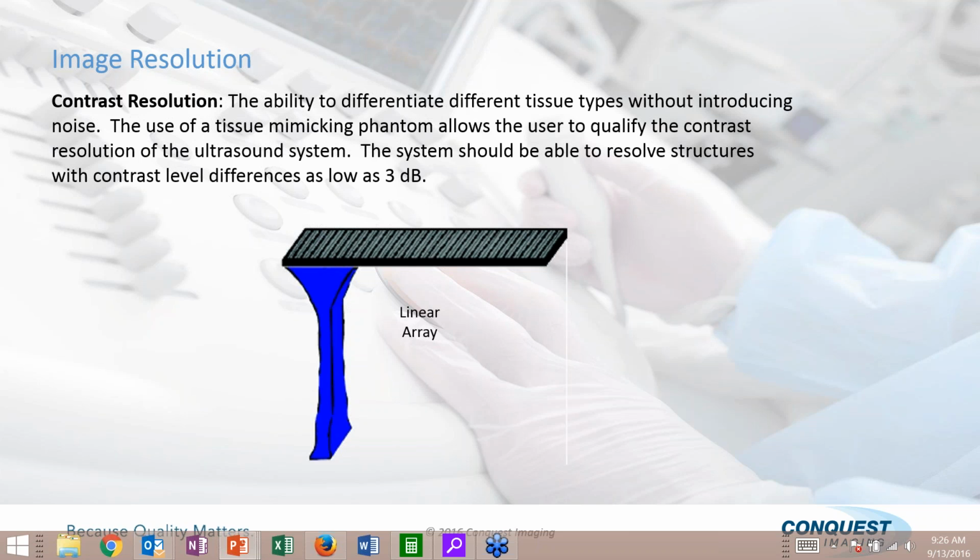And so when you scan the liver, you can kind of see the masses, but you're not sure. And so a really good ultrasound system, a very sensitive one, has the ability to differentiate between two tissues of extremely similar densities.